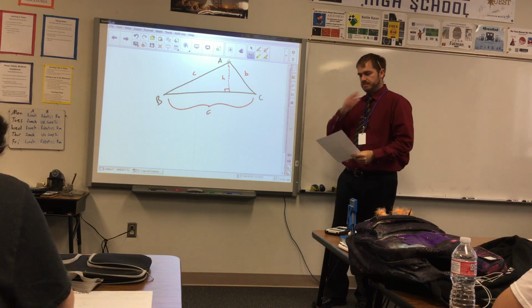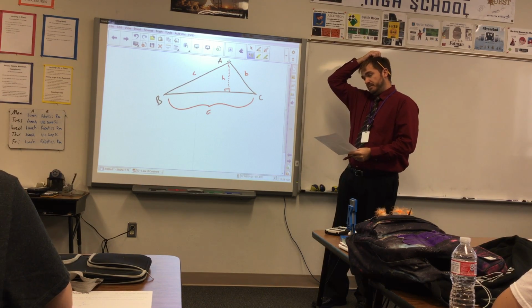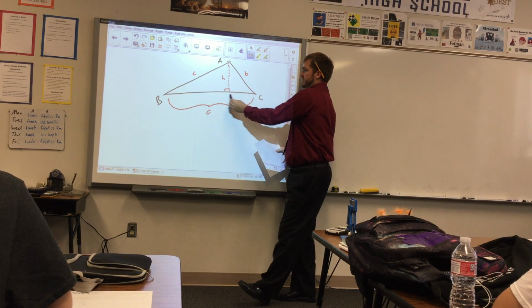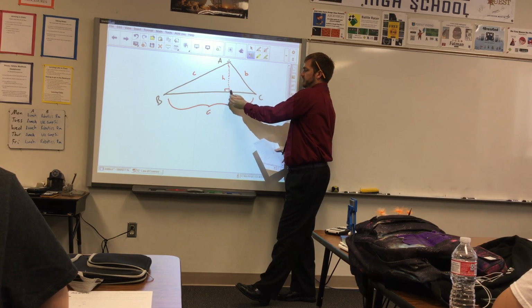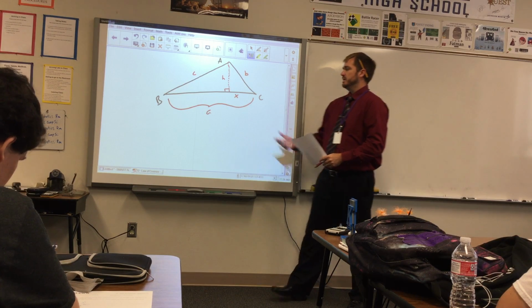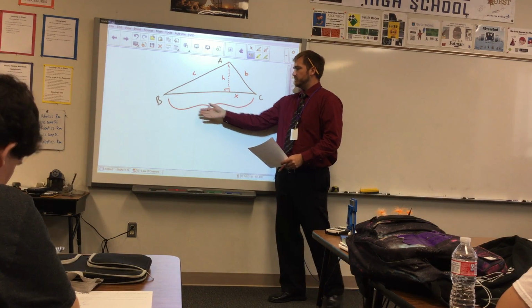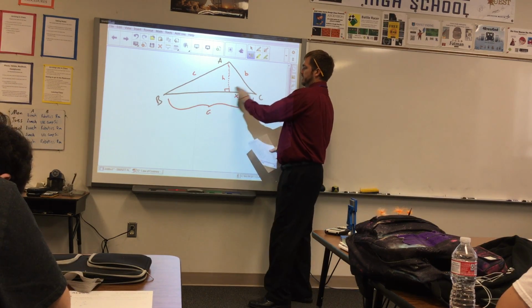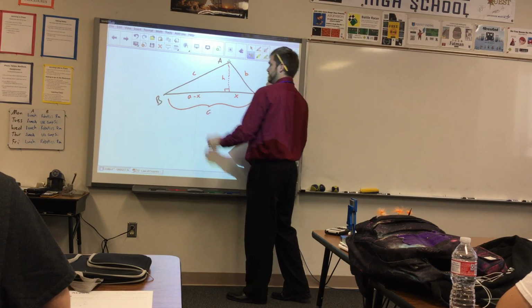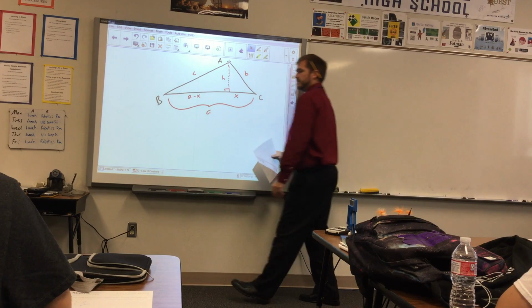Height h. And as a special little bonus treat, we're going to call this segment right here from angle C to the point of intersection of h and c, we'll call that segment x. And then, since the whole length here is a, and this section right here is x, then whatever is left over must be a minus x.